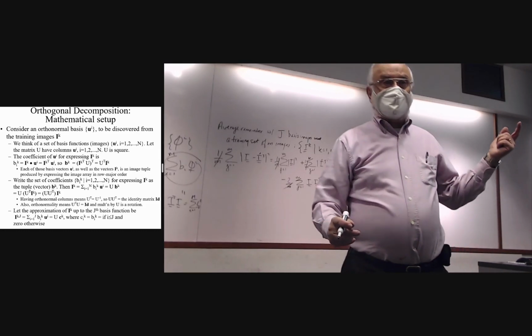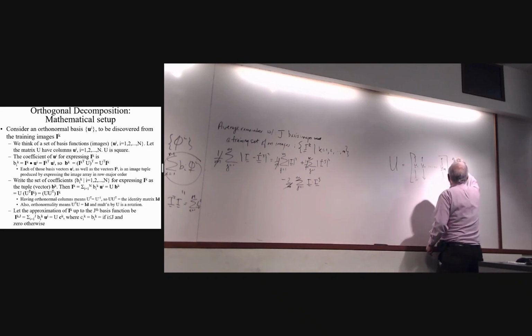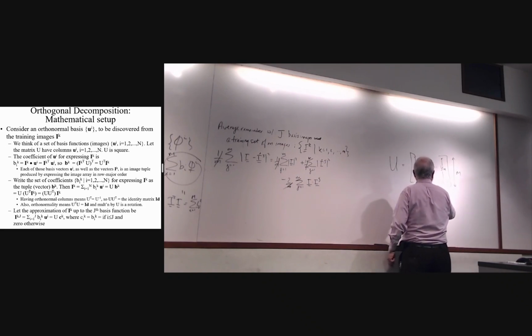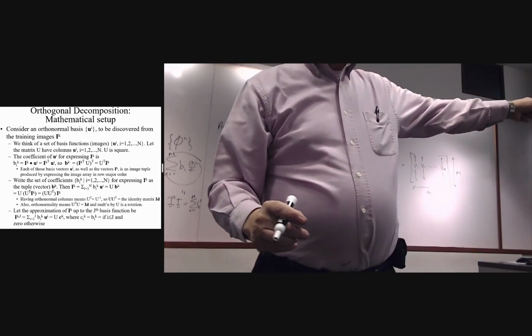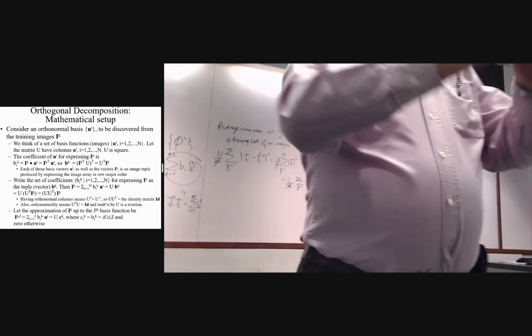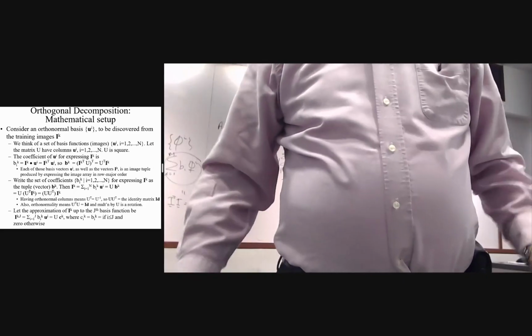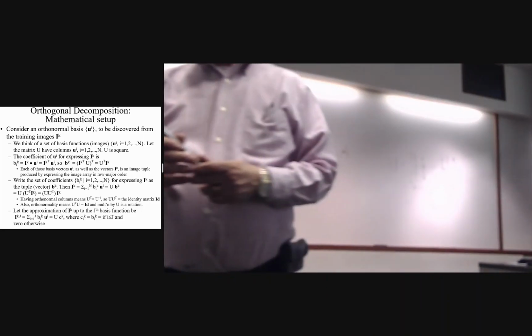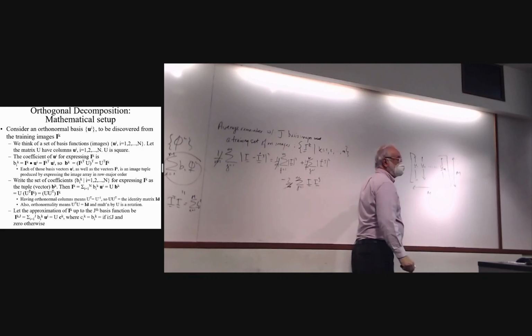Each of them is a capital M-tuple, right? There's M of these, and there are M of these, so it's a square matrix. And its columns are simply the list of the basis images, the images spread out into one big long vector by this row-major rewriting of the image. Everyone understand what capital U is?